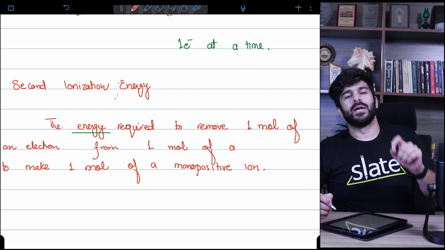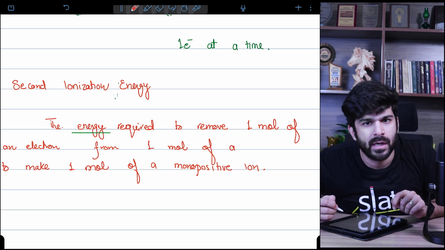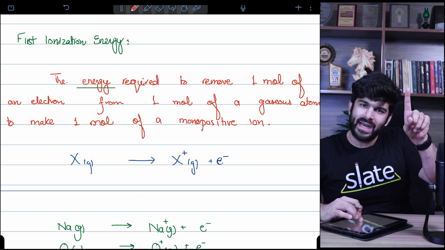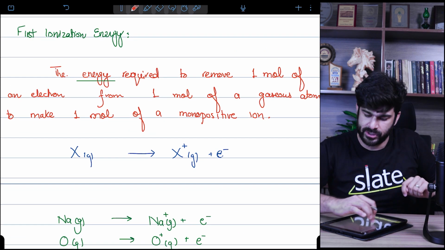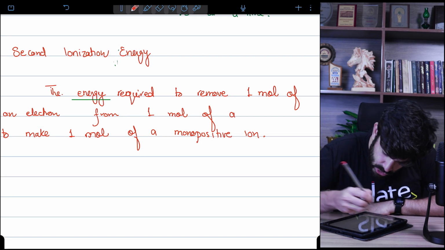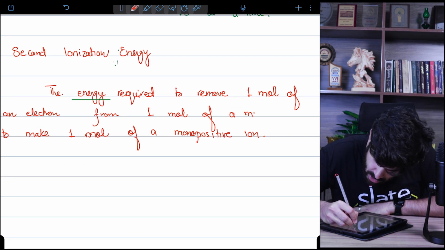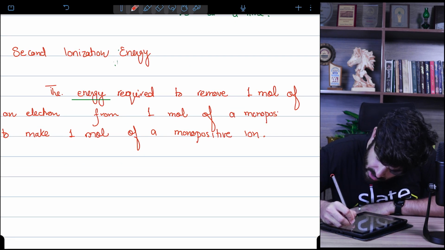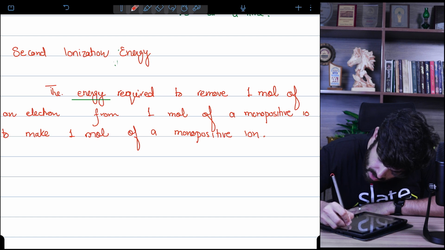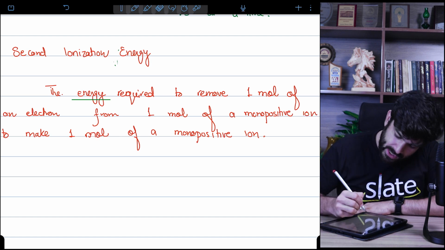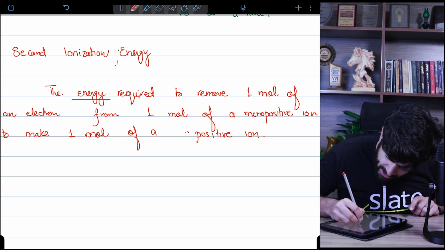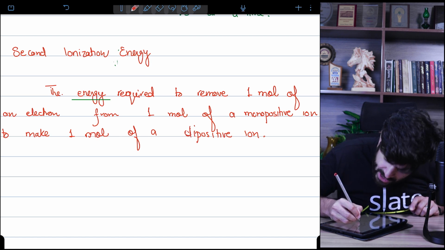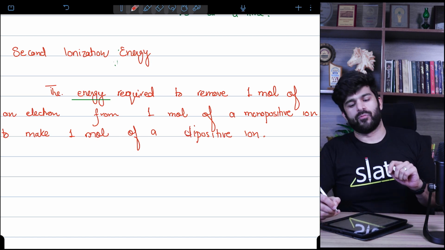That's the difference. This time it's not the gaseous atom, because you made a monopositive ion from the gaseous atom in first ionization energy. So 1 mole of a monopositive ion to make 1 mole of a dipositive ion, because this time you removed another electron from it.